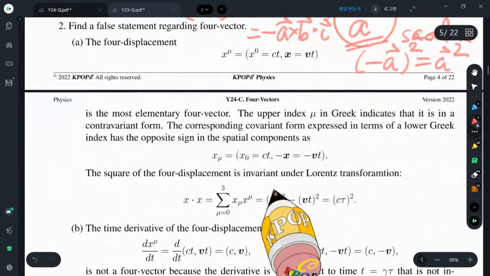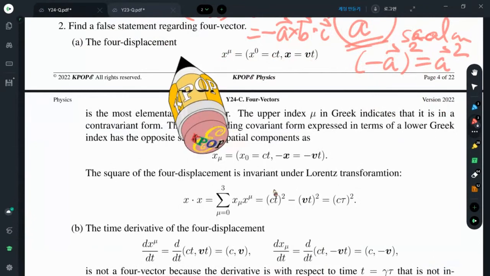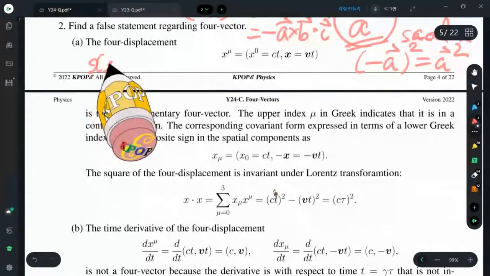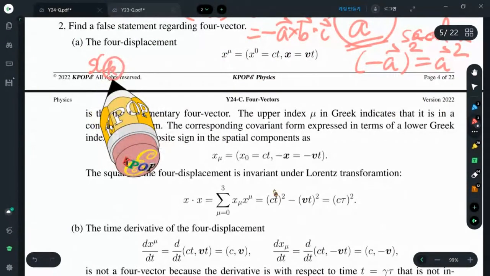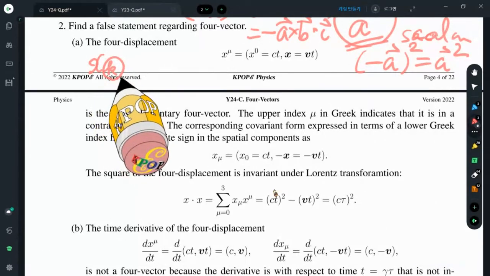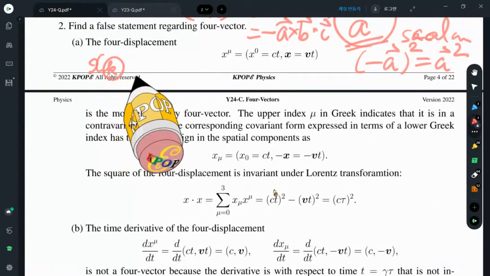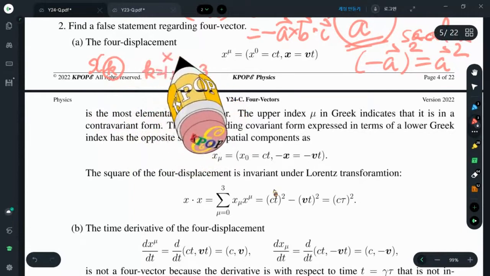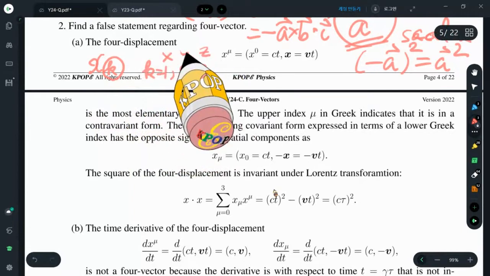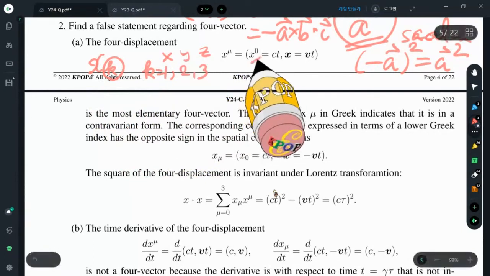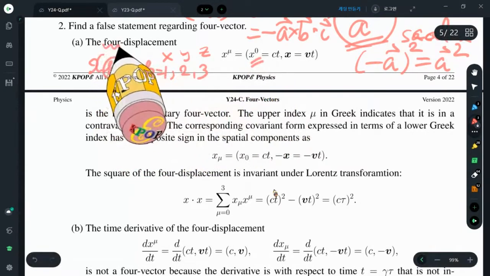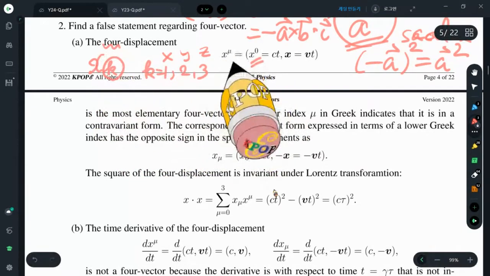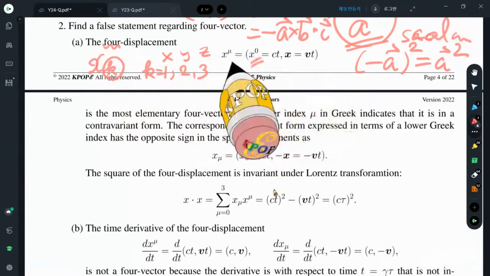Let us extend our method to consider a full vector. Usually, we use the italic letter to represent the Cartesian component, k equals 1, 2, 3, representing the x, y, z component. However, we have an additional component in the full vector, especially in the space-time coordinate.